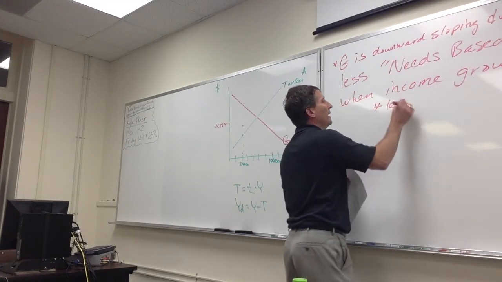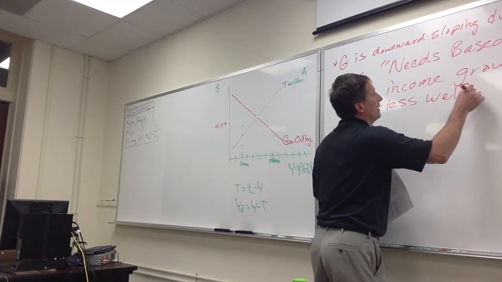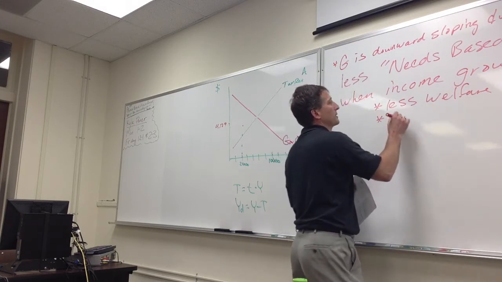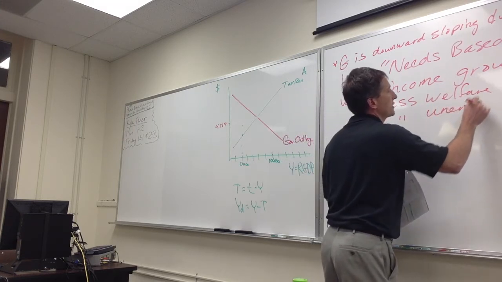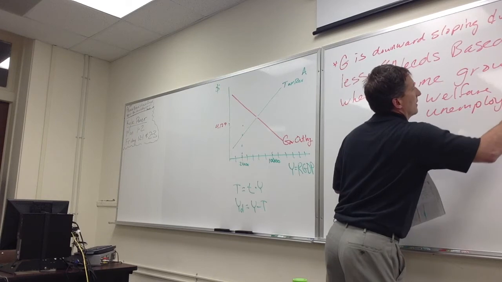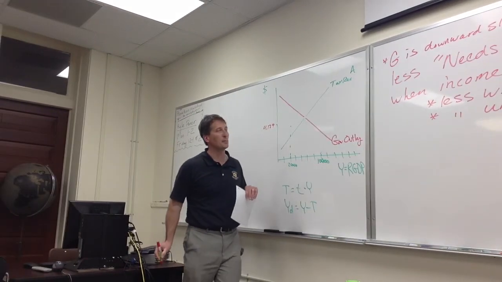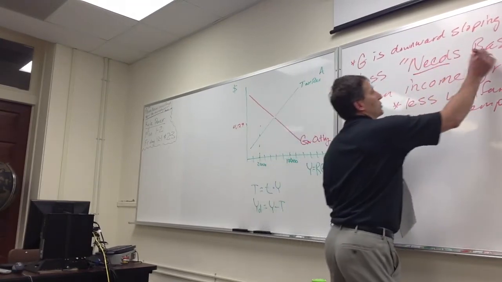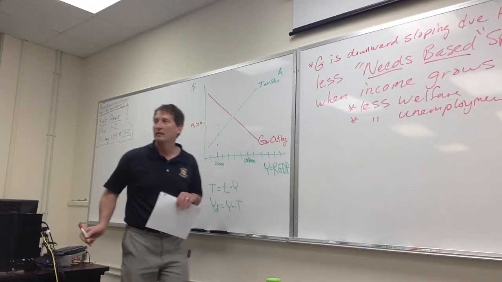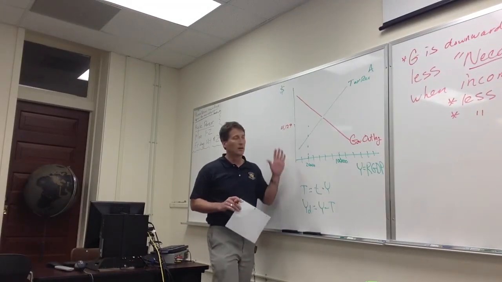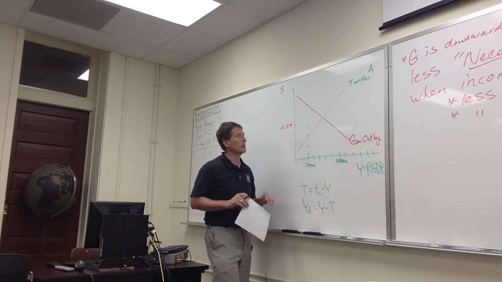What do we mean by that? Less welfare programs, less unemployment claims, that type of stuff. Needs-based spending. People need the money. The social safety net doesn't need to catch as many people when the economy's doing well.